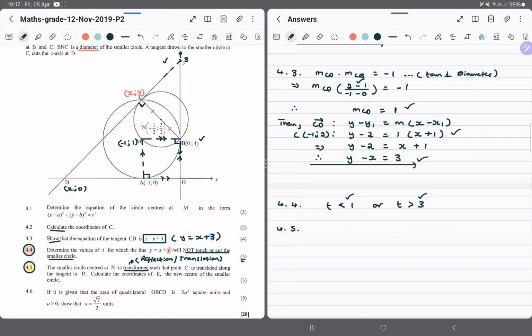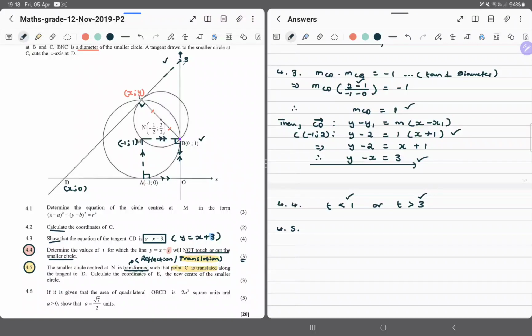So if we are transforming this circle, it means we are either flipping it or translating it, pushing and shoving it, such that point C, can you see point C is translated. Now they are giving us that the one that is at play here is literally a translation.